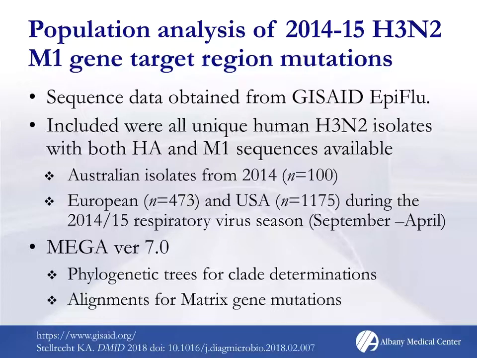For Australia I used 2014, since their respiratory season is during our summer, and for Europe and the US, 2014 through 15, September to April. I used MEGA software for phylogenetic trees for clade determinations and also to align the matrix gene mutations.